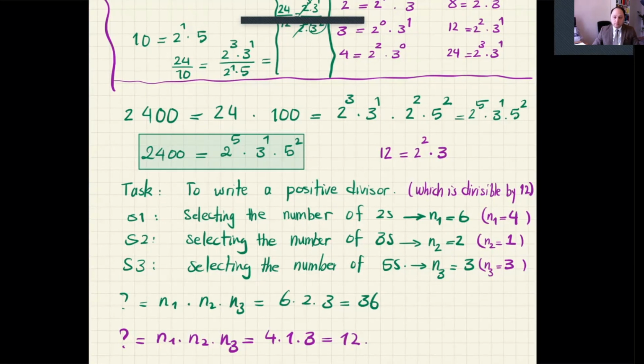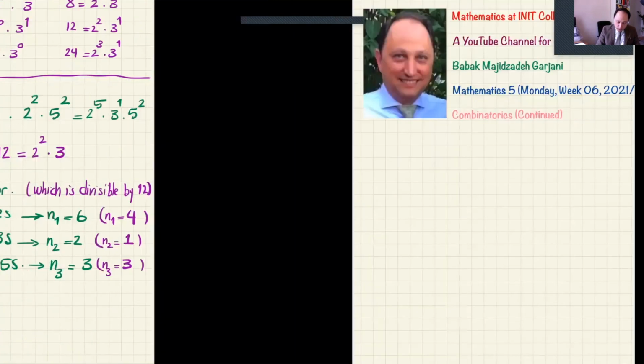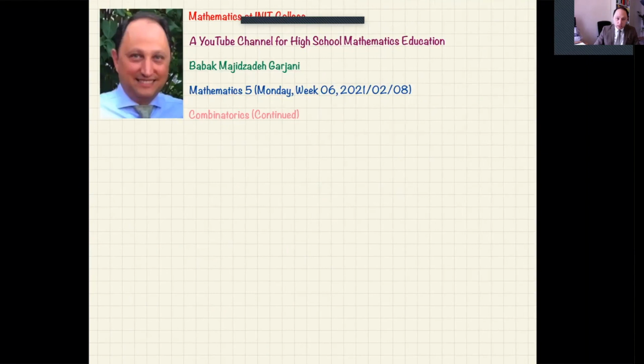Okay. So in general, can you cook up a formula? This is a famous formula in number theory, by the way. Let me introduce it. This is optional here, so let me write optional.